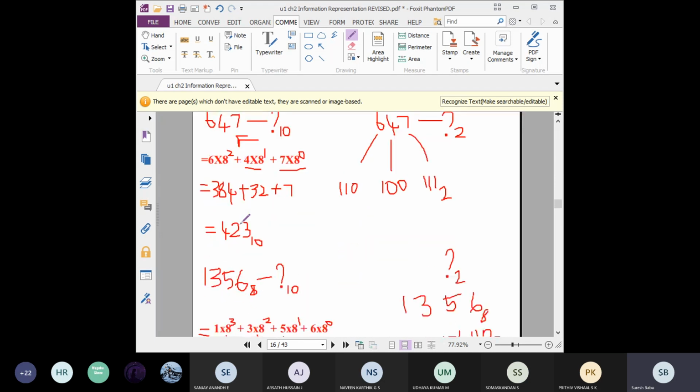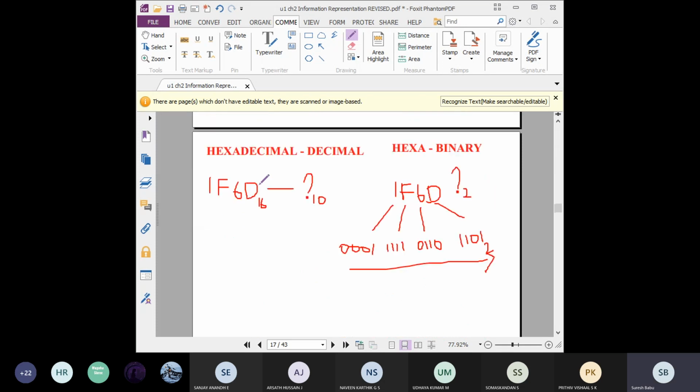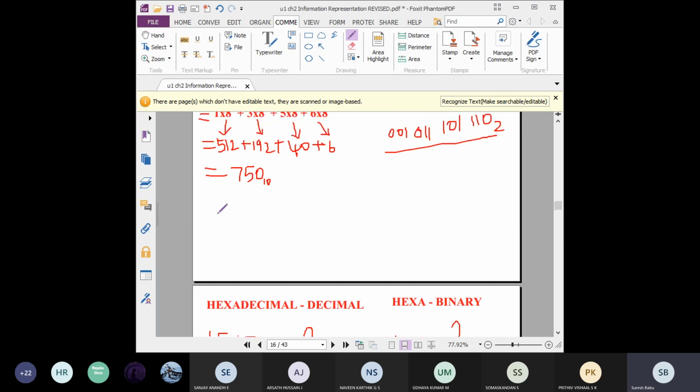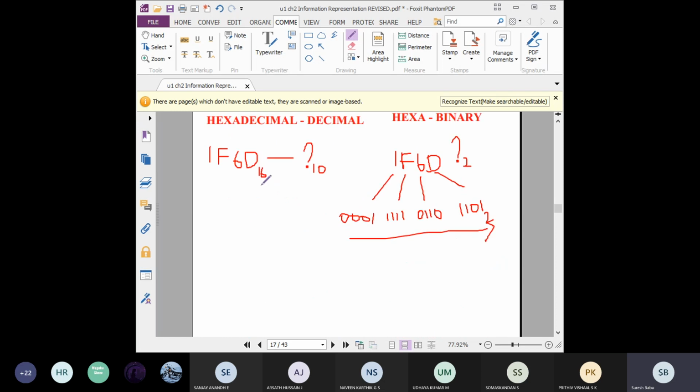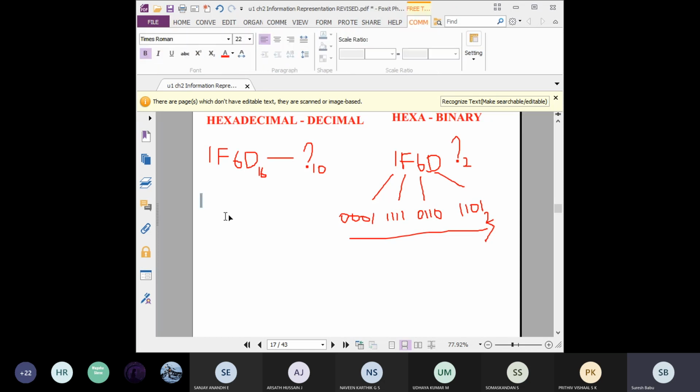Then how to calculate hexadecimal to decimal? Like the previous method, where we multiplied with powers of 8, here we are going to multiply with powers of 16. You should know the mathematics also. See here, first 1 multiplied with 16 power something, then add.